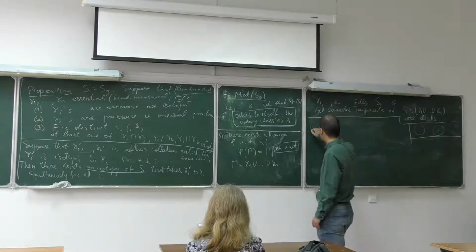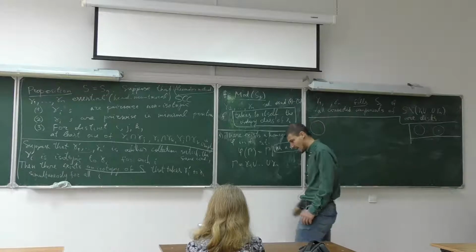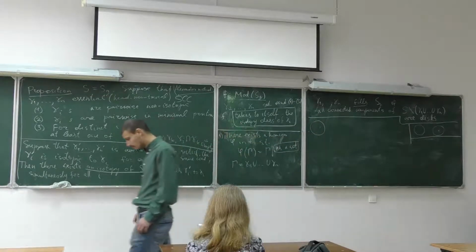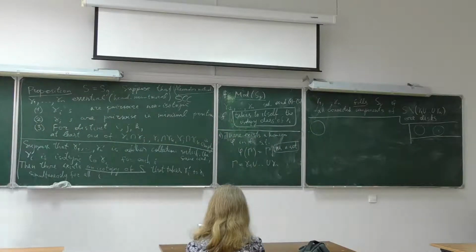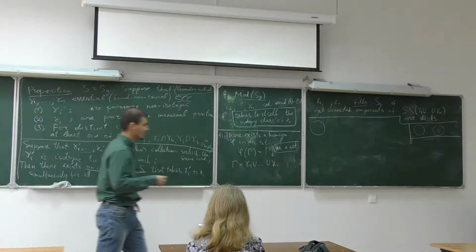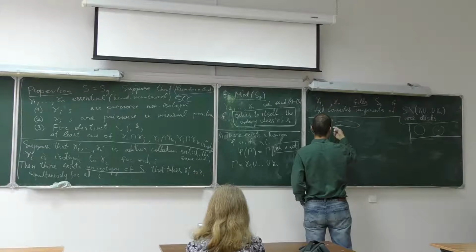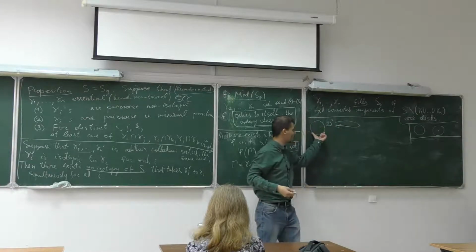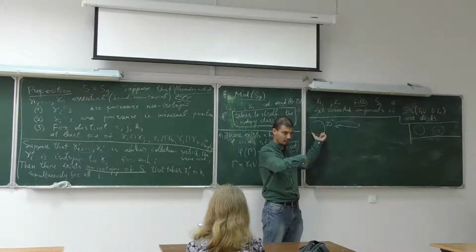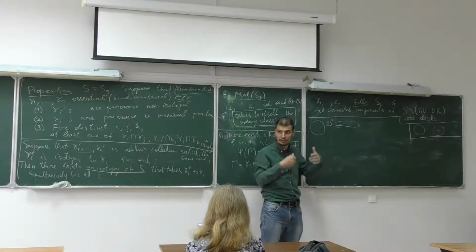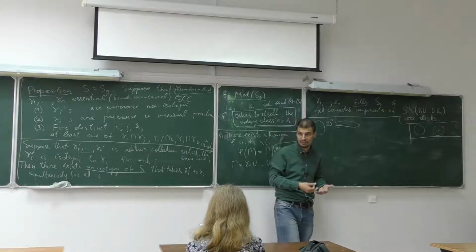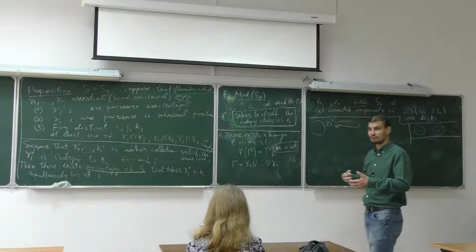Okay, and look, if we have a homeomorphism of a disk to itself which fixes its boundary pointwise, then this homeomorphism is always isotopic to the identity relative to the boundary.